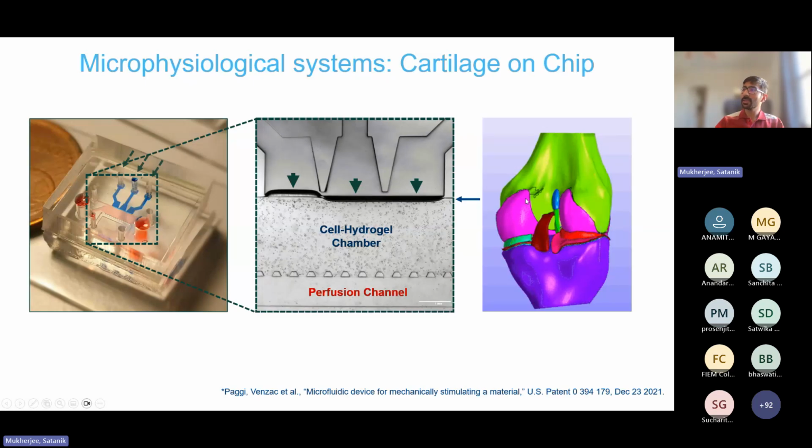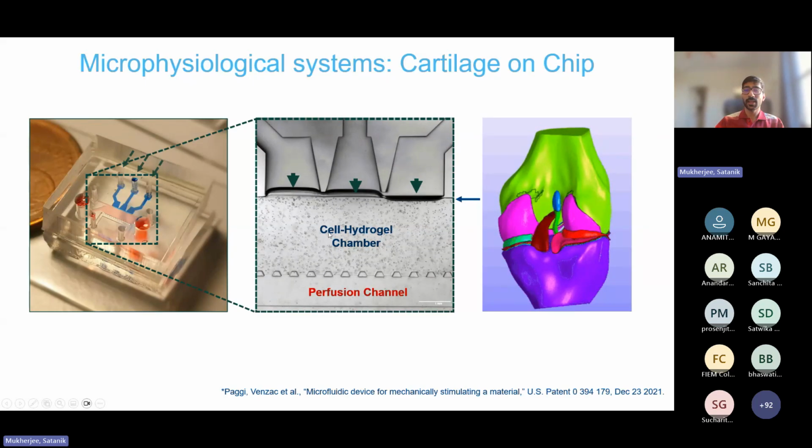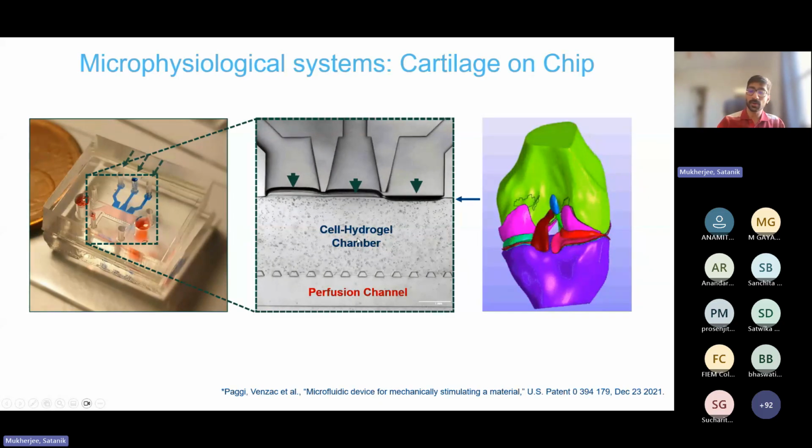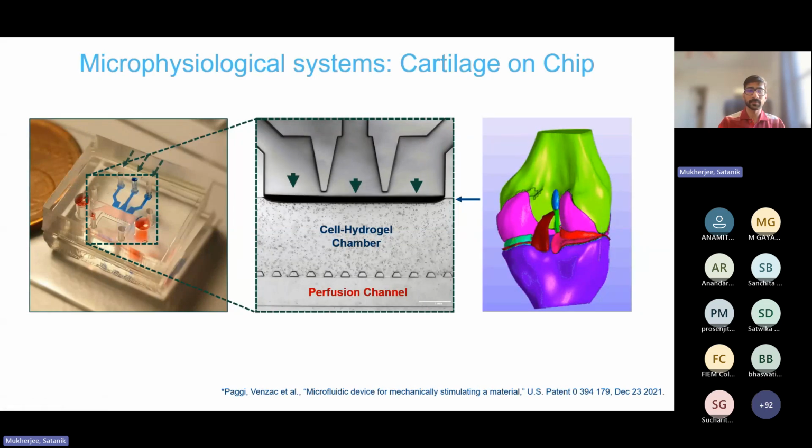This is basically a miniaturized version of a human knee joint, which gives us more control to look at individual cells and study how mechanical loading affects them in terms of matrix production, and use this information to govern tissue engineering strategies.